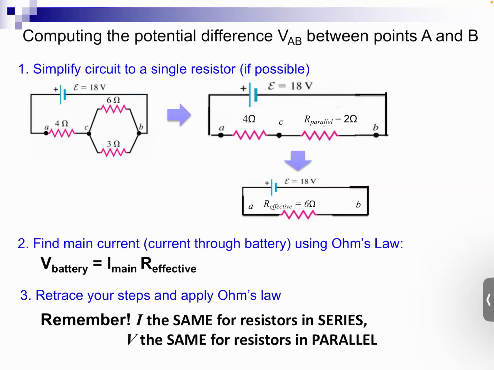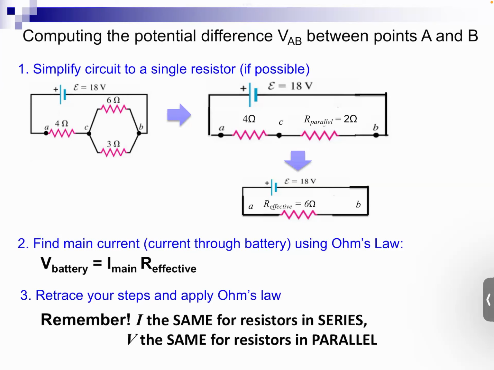We first simplified the circuit to a single resistor, calculated the main current using Ohm's law, and then worked our way backwards, calculating the currents and voltages in each of the resistors, remembering that in a series connection, the currents are the same, and in a parallel connection, the voltages are the same. Right, so that's just a quick guide.